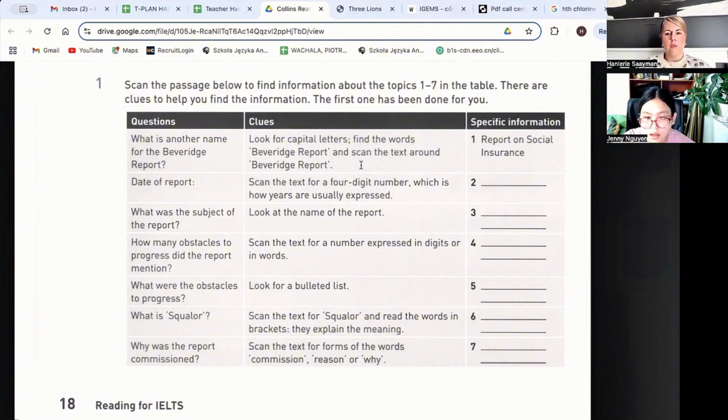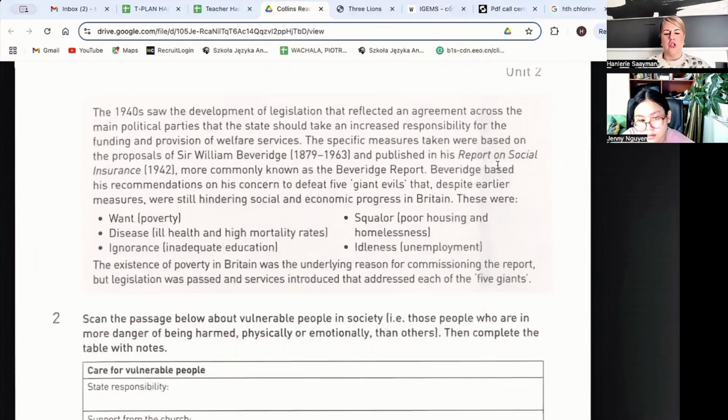The first one has been done for you. Okay, read for us the question. What is another name for the Beveridge Report? Look for capital letters, find the words Beveridge Report, and scan the text around Beveridge Report. Report on social insurance.